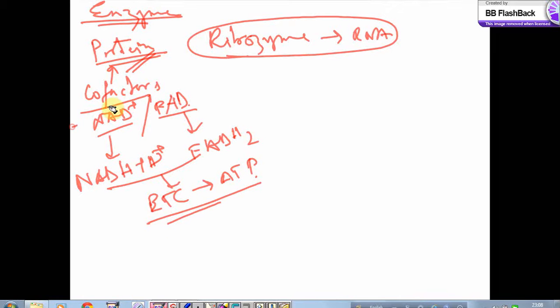So here this NAD plus and FAD are working as the cofactors.